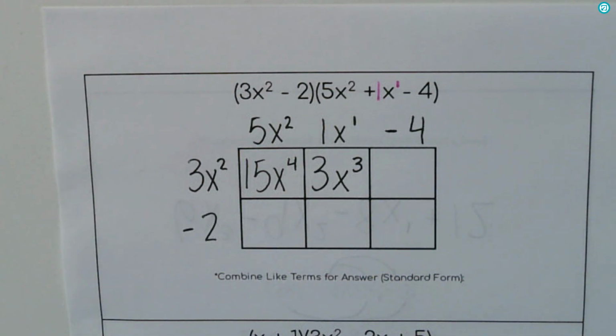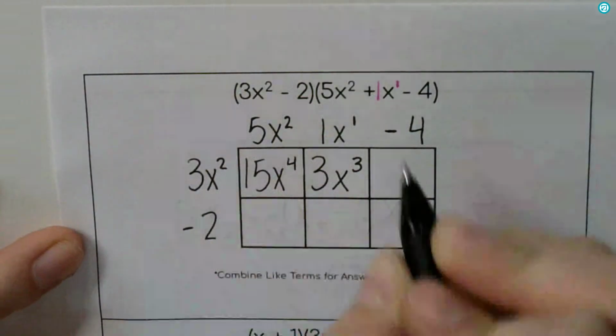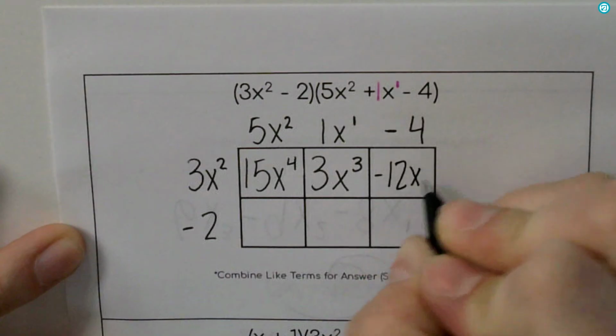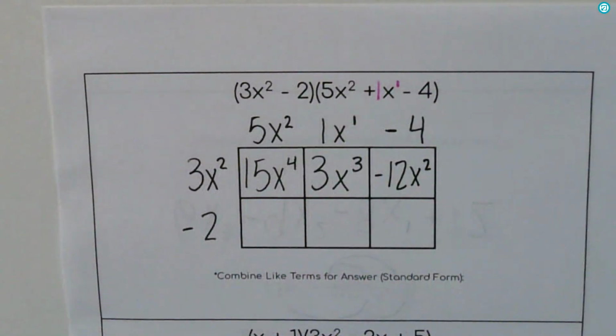Okay, top right, we've got 3x squared times negative 4. So that's negative 12x squared. 3 times negative 4 is negative 12, and then the x squared just kind of distributes over. Then my bottom row, I'm just multiplying by negative 2, so none of my exponents are going to change.